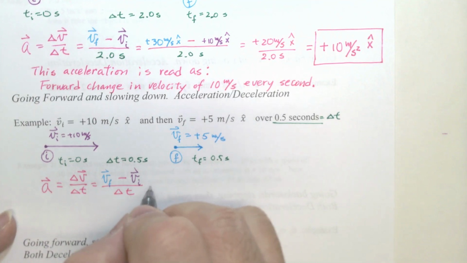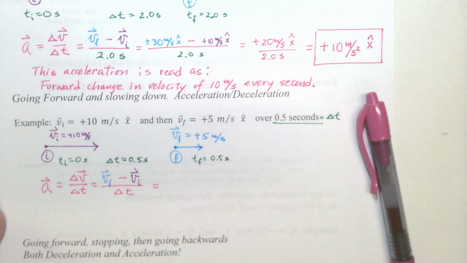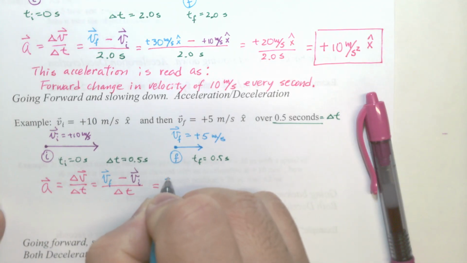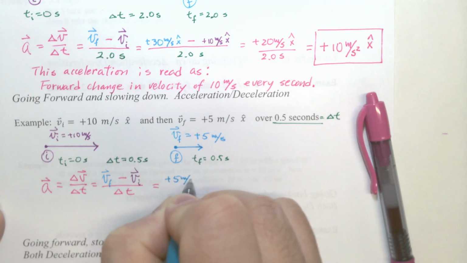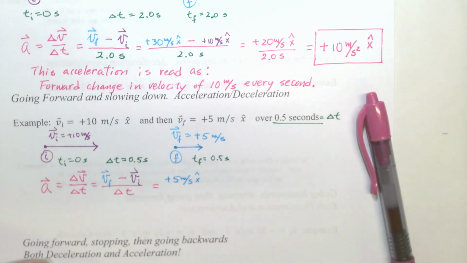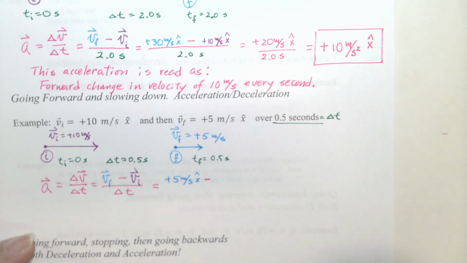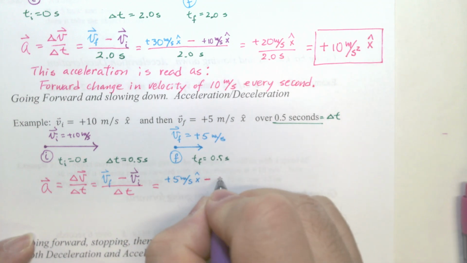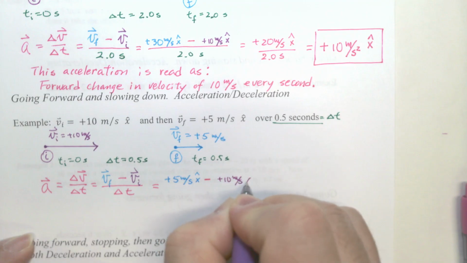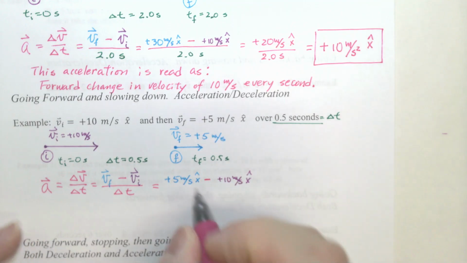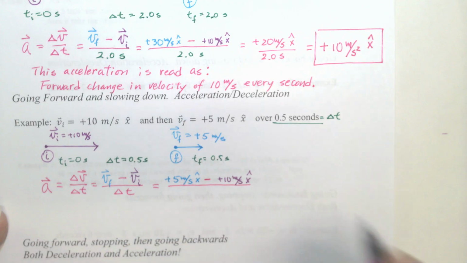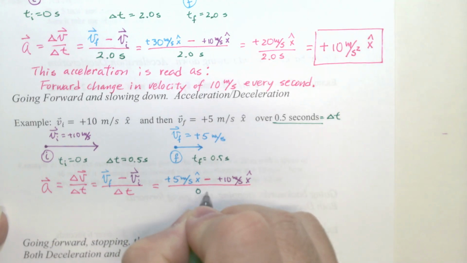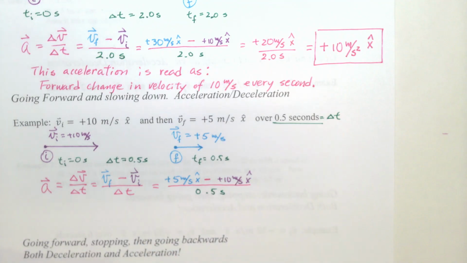Therefore, vf is positive 5 meters per second x hat minus positive 10 meters per second x hat, whole thing over 0.5 seconds.